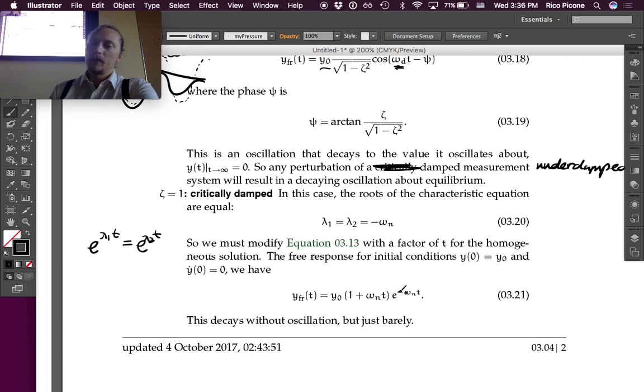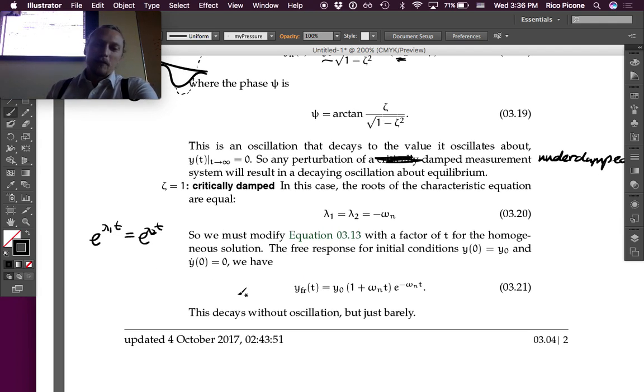The free response for initial condition, once again, an initial value for y, but not for y dot. I'm using dot for derivative here because I think it's a little more compact. And we aren't exclusively working with electronics, so I'm not afraid to use dot. But I'll switch back and forth.